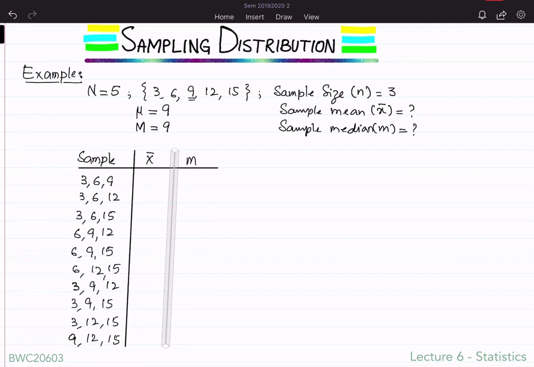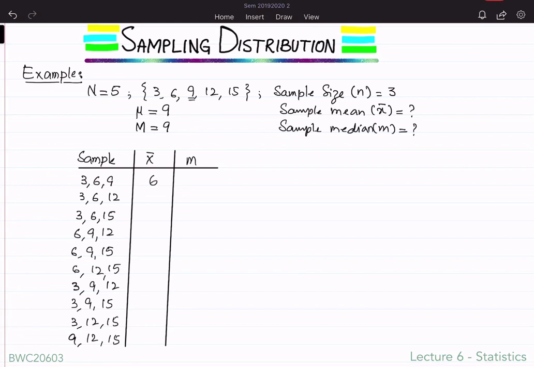Now we have to calculate the mean of each sample. The mean of the first sample will be 3 plus 6 plus 9 divided by 3, which is 6.